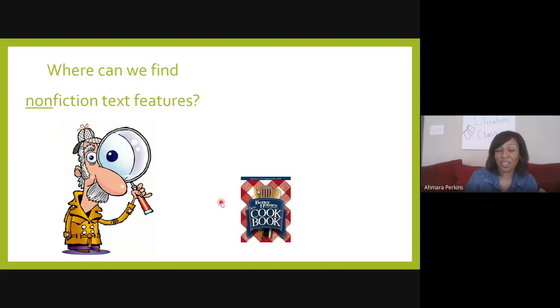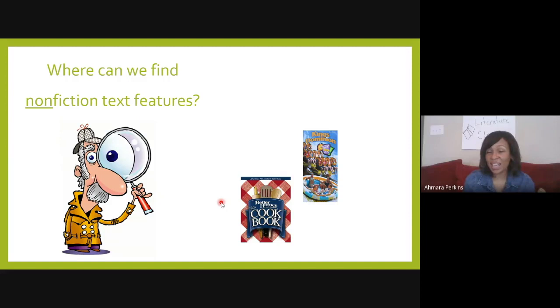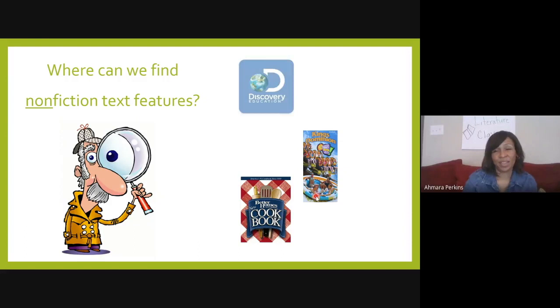Another one is a brochure. In the brochure, you're going to have the title, and you see a photograph here. On the inside, you're going to have headings and you might have bullets listing things. What about your textbook?